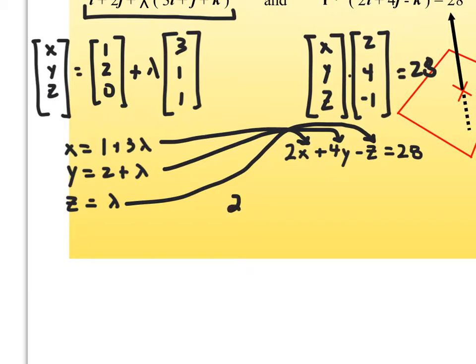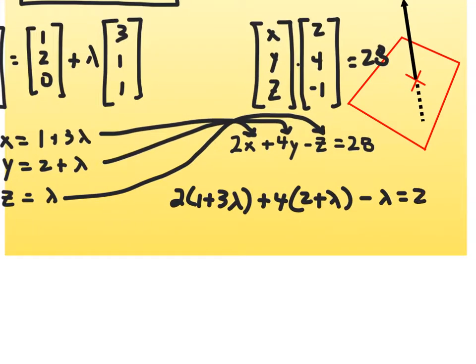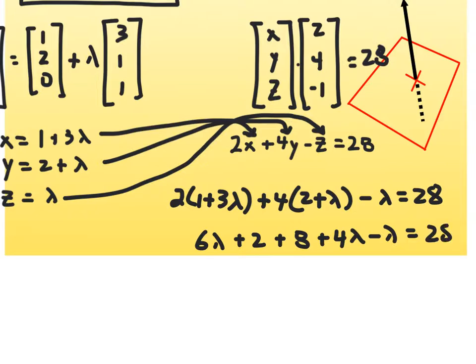So I'd get 2 times the quantity 1 plus 3 lambda, plus 4 times the quantity 2 plus lambda, minus lambda equals 28. Then I just distribute and simplify. So I get 6 lambda plus 2 plus 8 plus 4 lambda minus lambda equals 28. I see common like terms there, so that's 10. I see like terms here.